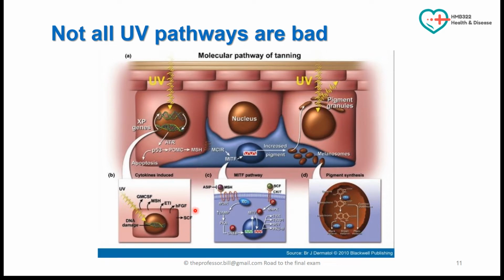The other factor that I want you to make sure you know gets released from keratinocytes is this SCF, or stem cell factor. Are we all okay so far? Is there anything that I need to go back and repeat for you? No? You don't need to worry about any of these other genes that get turned on through the p53 dependent and independent pathways. The ones that I'm going to look at are MSH as well as the stem cell factor.